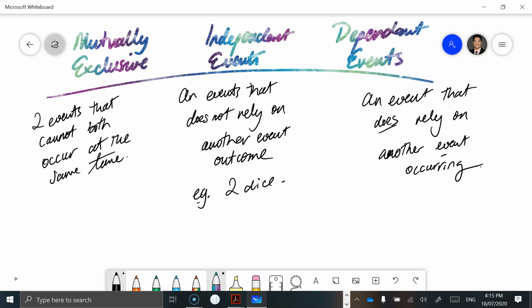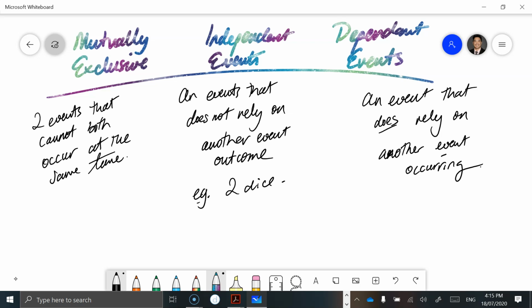The chance of rain today and the chance of a person taking an umbrella to work. Obviously, you would expect that they are dependent. You'd want to take an umbrella to work if it's raining, or if you have a high chance of rain occurring, there's a high chance of the umbrella occurring as well, because there's no point in taking an umbrella if it's not raining.